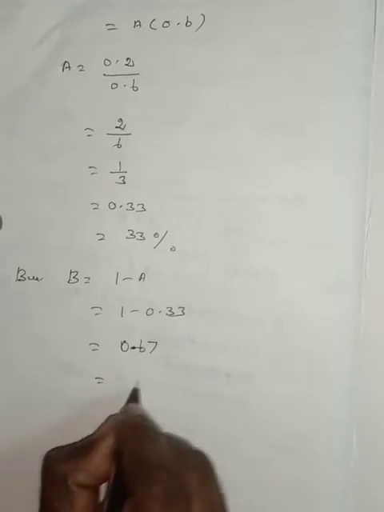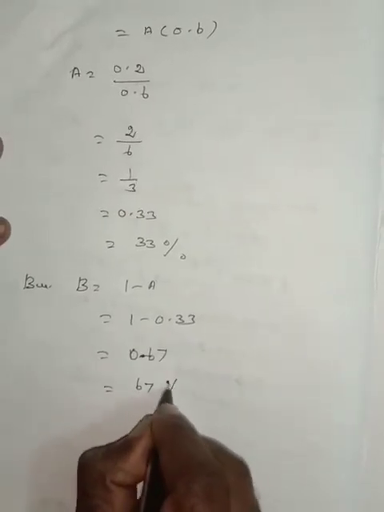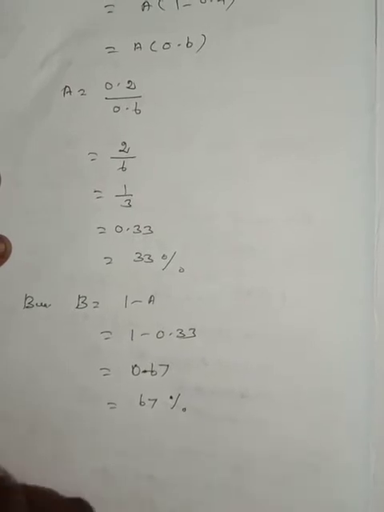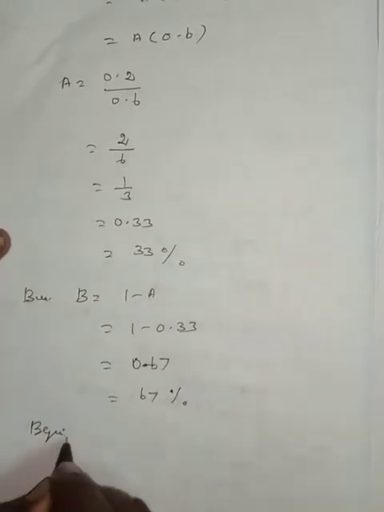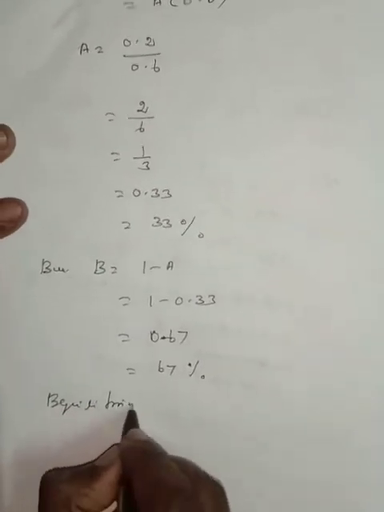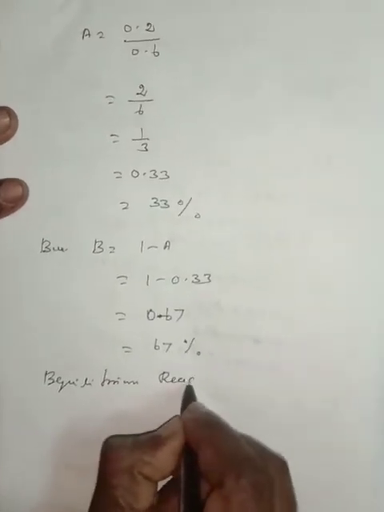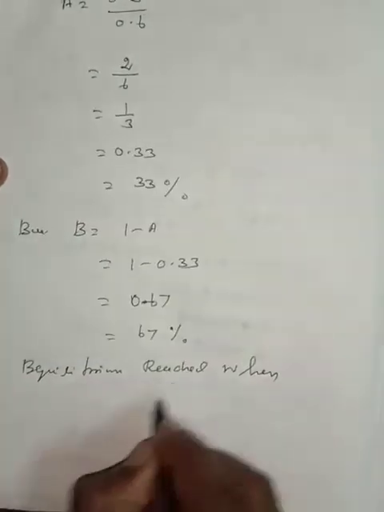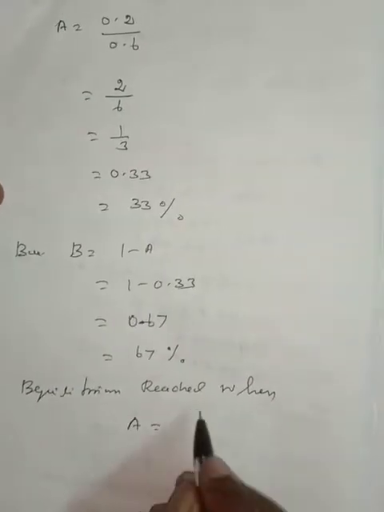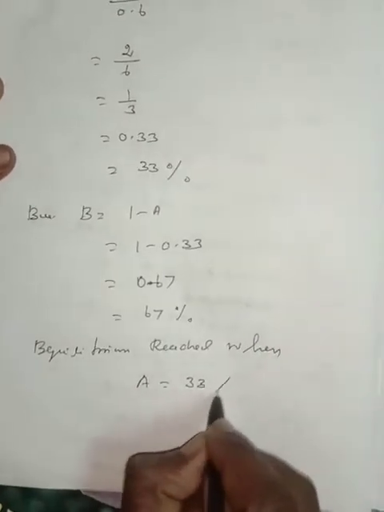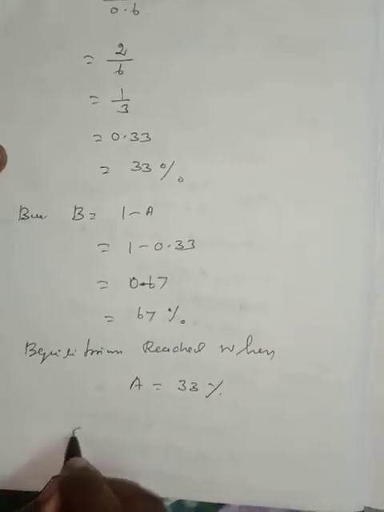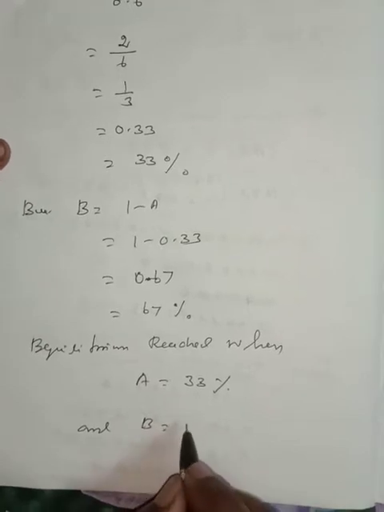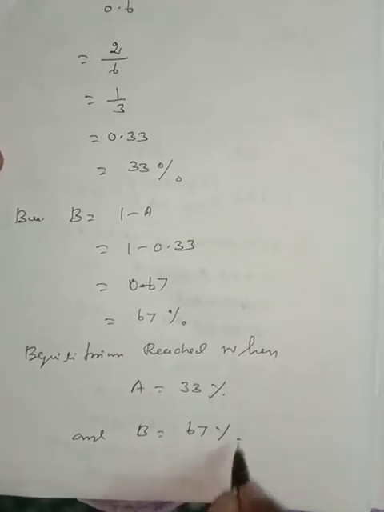This means 67%. Equilibrium is reached when capital A is equal to 33% and capital B is equal to 67%.